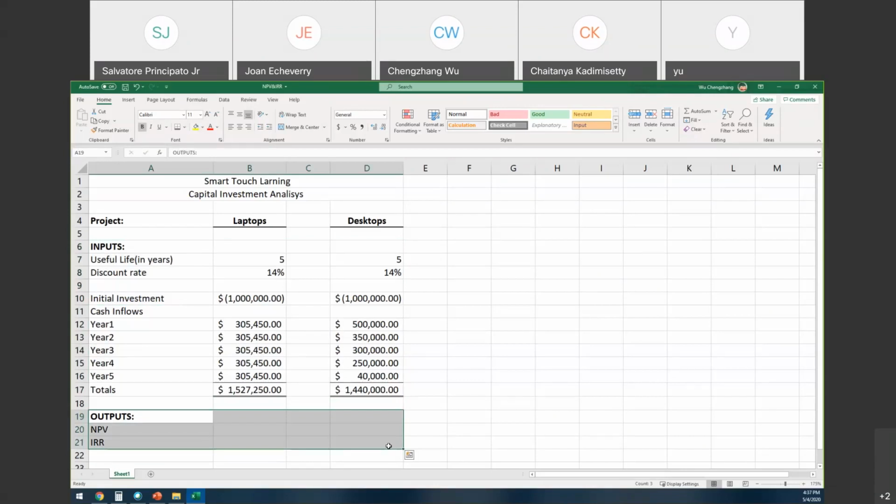So in the inputs area, we can change different assumptions. For example, we can change the useful life from 5 years to 6 years or 7 years or other time periods. And also, in the inputs area, we can change the discount rate from 14% to any other interest rate.